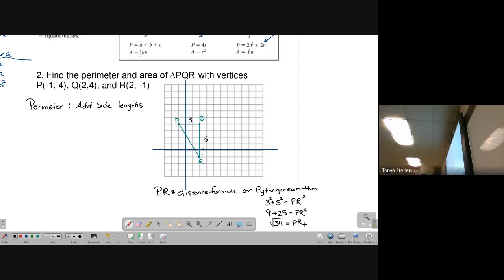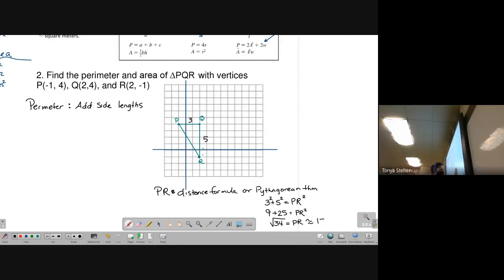Now, since we're talking about distance, chances are they're going to want us to get the decimal. And it doesn't say anything about approximate or exact. So I'm going to go with the fact that we're dealing with perimeter, and usually perimeters don't have a radical symbol in them.